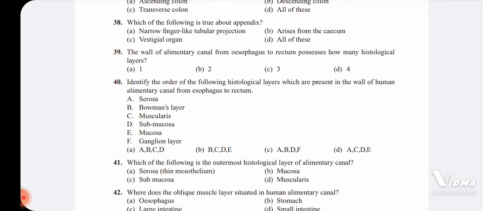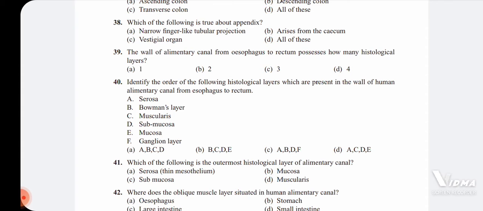Next question, identify the order of the following histological layers which are present in the wall of human alimentary canal from esophagus to rectum. Here they have given the order from A to F. Those should be arranged in the following manner: which is the outer one, which is the inner one, and which is next to the inner layer.